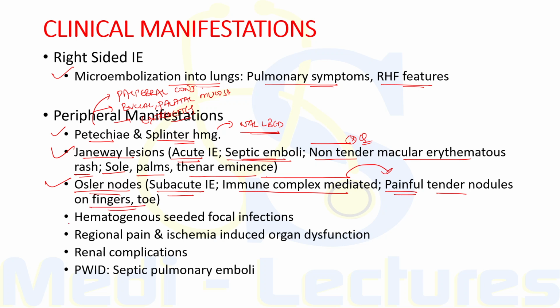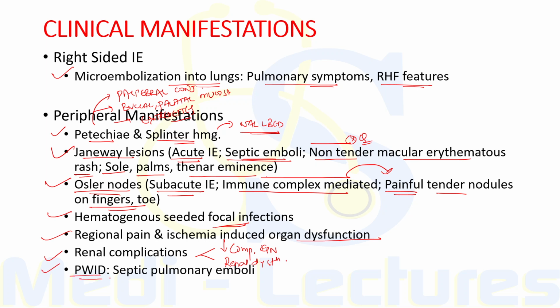Other than this, hematogenous seeding of focal infection can occur in various organs like skin, spleen, kidney, skeletal system as well as meninges. There can be regional pain and ischemia-induced organ dysfunction. Renal complications include hypocomplementemic glomerulonephritis as well as renal dysfunction, which typically improves with conservative therapy.